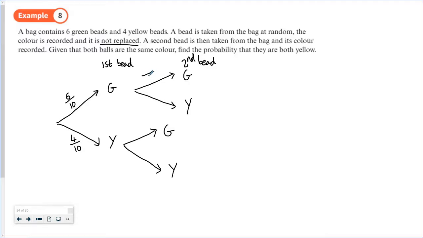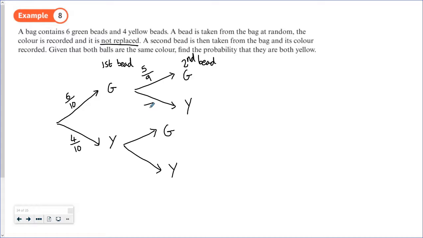Well, we know that there's 9 beads in the bag when I'm choosing my second bead, because I've taken one out and I'm not replacing it. And I've got to work out of those 9, how many green beads are there. So we started off with 6 green beads, but because we've taken one away, because my first bead was green, if I'm on this branch here, I know that there's only going to be 5 green beads left in the bag.